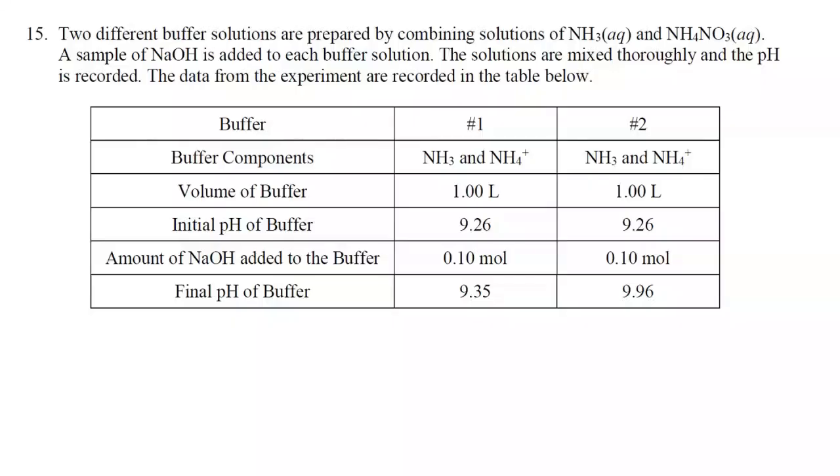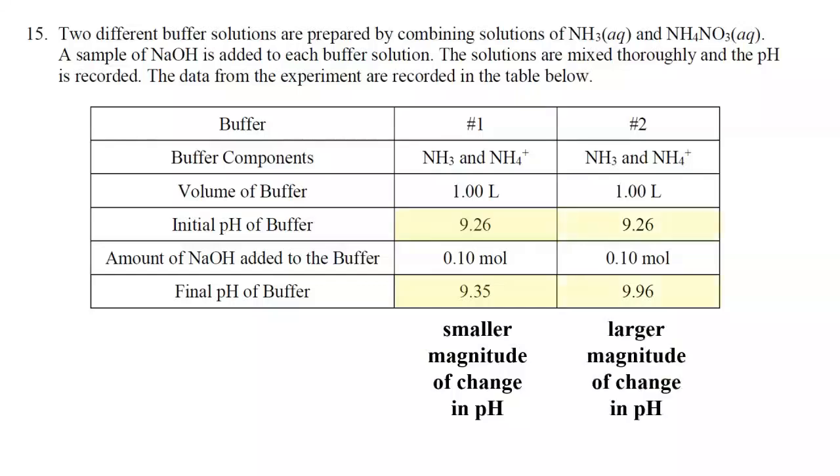So let's see what happened to the final pH of the buffer. For buffer number 1, the pH increased from 9.26 to 9.35. For buffer number 2, the pH also increased, but it increased by a larger magnitude. It went from 9.26 to 9.96.